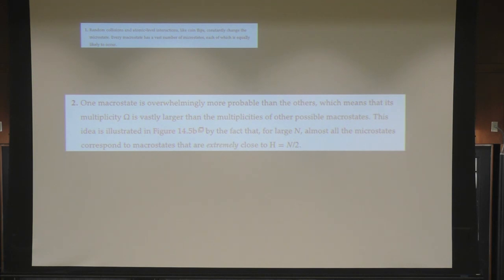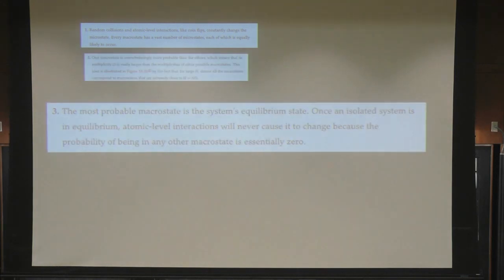The second thing is one macrostate is overwhelmingly more probable than the others, which means that its multiplicity, omega, which again is the number of microstates, is vastly larger than the multiplicities of other possible macrostates. This idea is illustrated in the figure I showed you with the spike, because for large n, almost all the microstates correspond to macrostates that are extremely close to this value, and it becomes this value at infinity, an infinite number of coins.